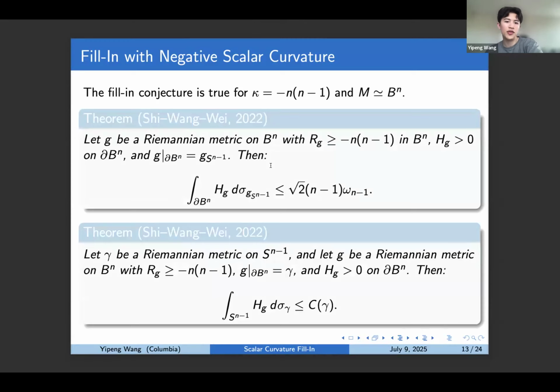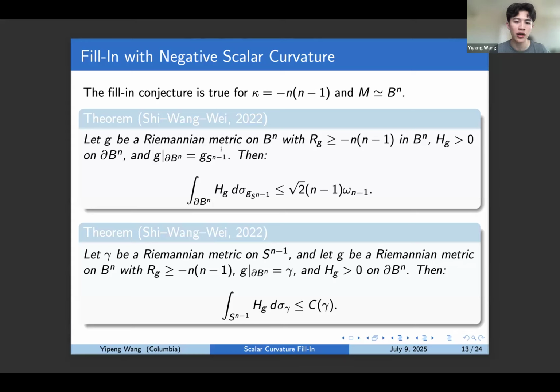The first result, the general statement, is that the filling conjecture is true in the context where you are filling in a sphere by a ball with scalar curvature at least minus n times n minus 1. And moreover, if your boundary data is actually just given by the round metric of the sphere, then you can compute the sharp constant of this filling. So this is the first theorem I'm stating here.